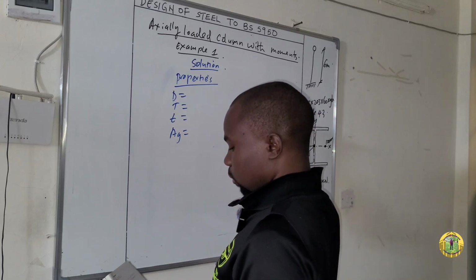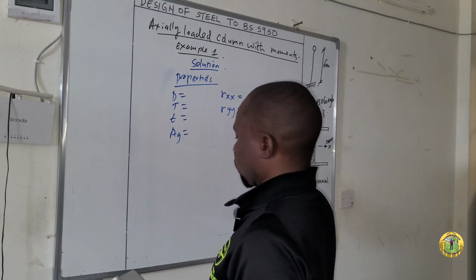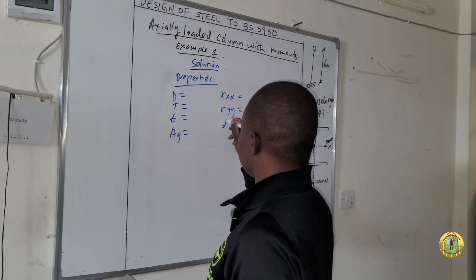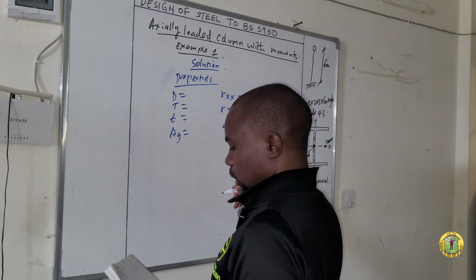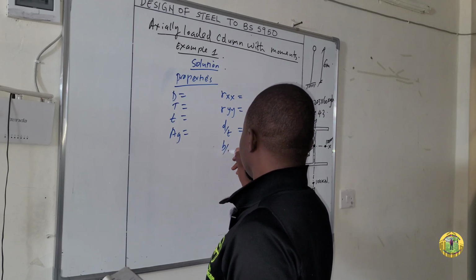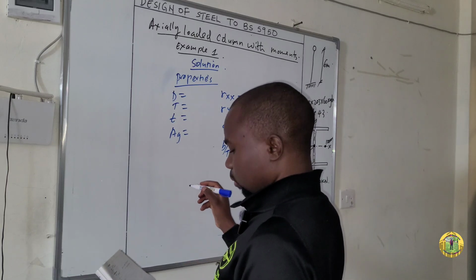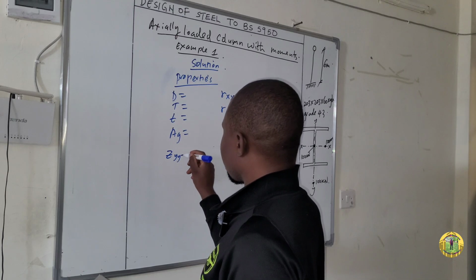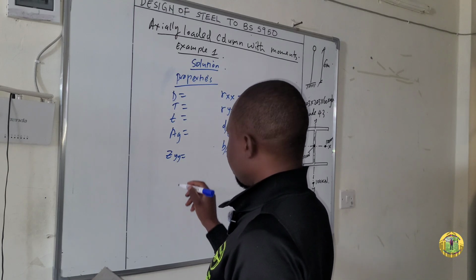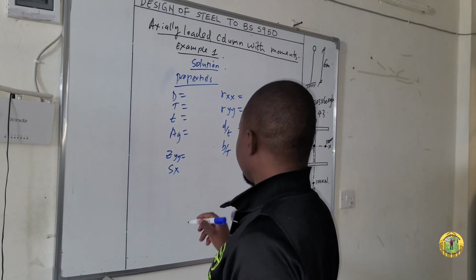We have the radius of gyration, RXX, RYY. We have D over t, and B over capital T. And then, of course, we have ZYY, and then SX, the plastic modulus, and then IXX.